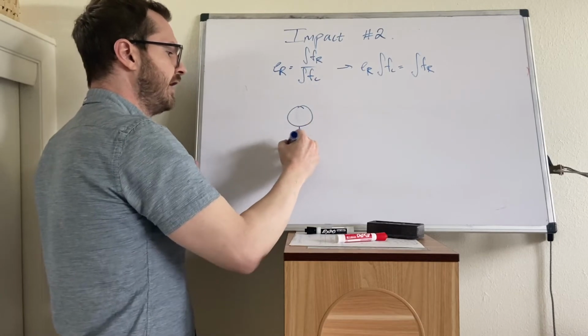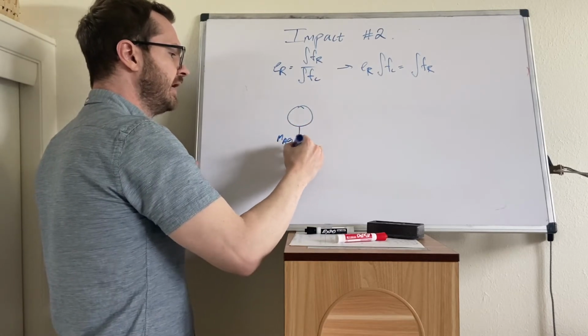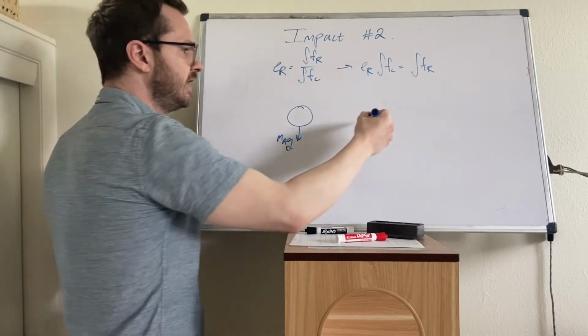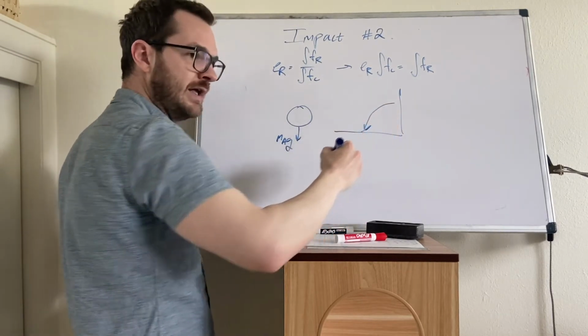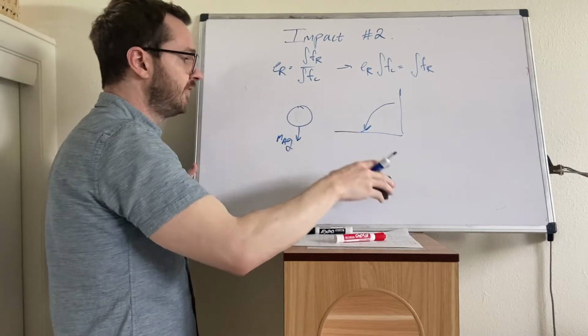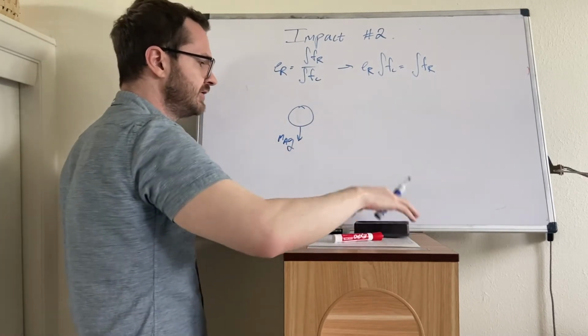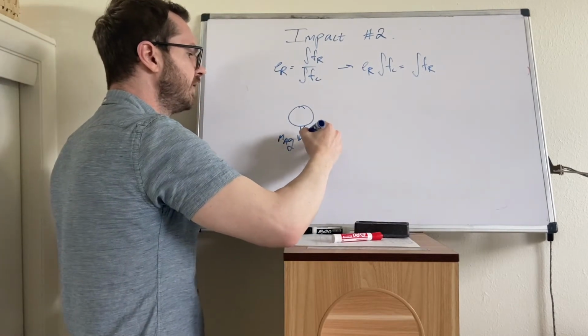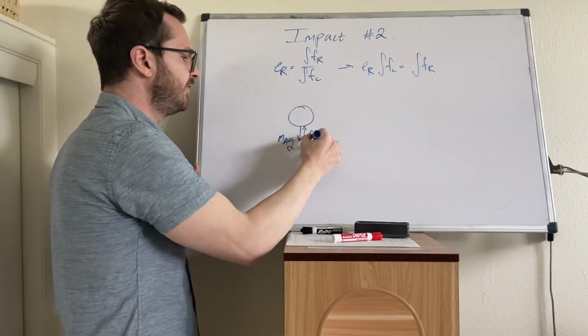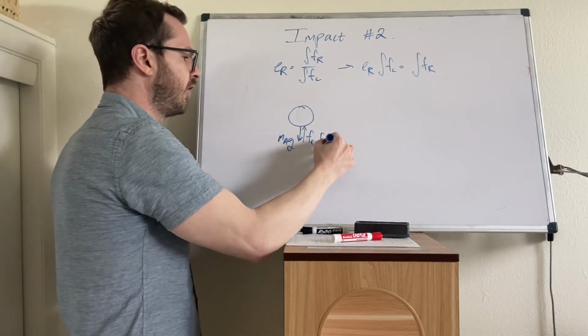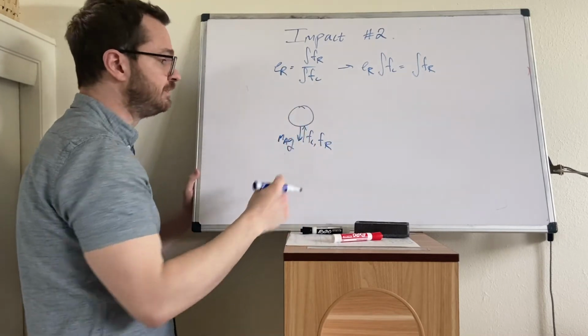This time we have gravity, MAG, and now in the second impact, remember that we're saying the ball is coming off of the wall and now it's going to hit the ground. When it hits the ground, it's going to have compression and restitution, compressive and restitutive forces. So FC and FR now point up.